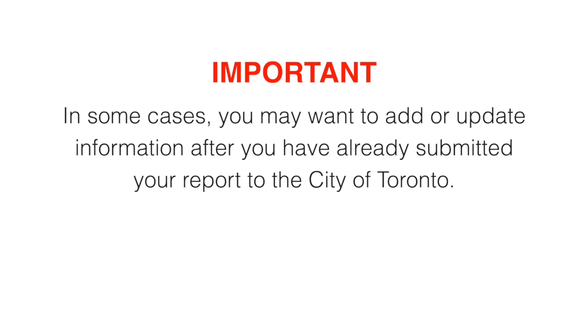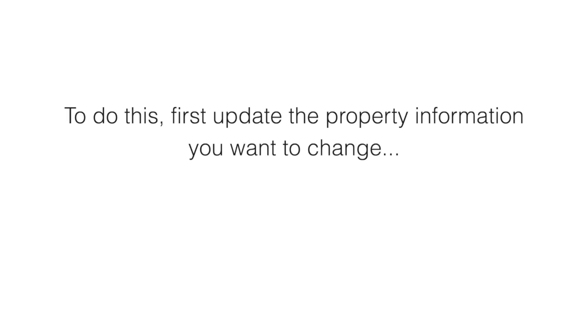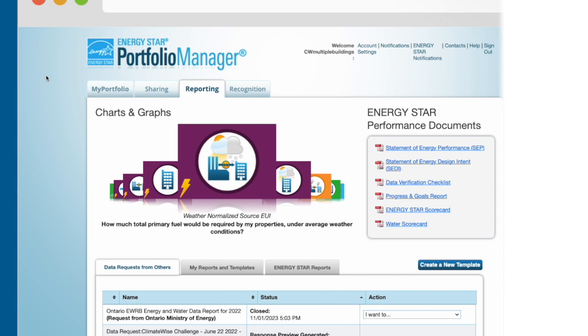Important. In some cases, you may want to add or update information after you have already submitted your report to the City of Toronto. For example, if you realize that your information is incomplete or something has changed since you submitted your information. To do this, first update the property information you want to change.